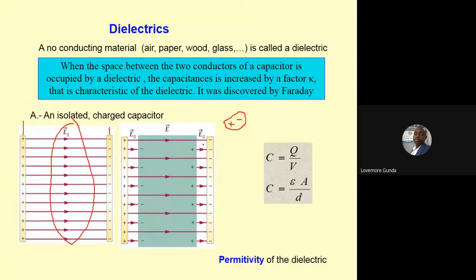So the positive sides will go towards the negative terminal, and the negative sides will go towards the positive terminal. Now this capacitor is charged. Why? Because now there's electric tension within the dielectric.